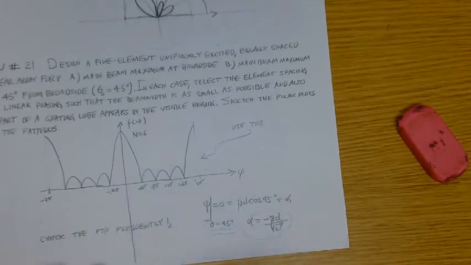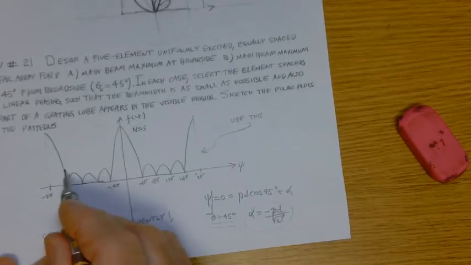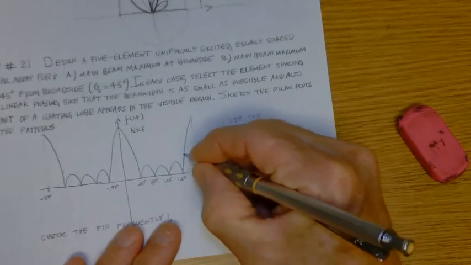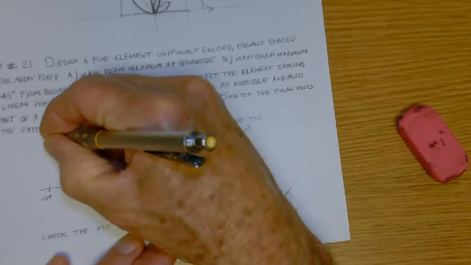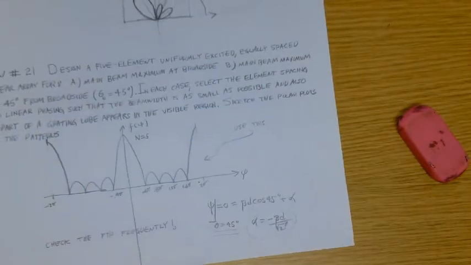Therefore, the beam width is as small as possible, and the directivity is increased as much as it can be. But you don't want to pick up any of this lobe, because these are what we call grating lobes.